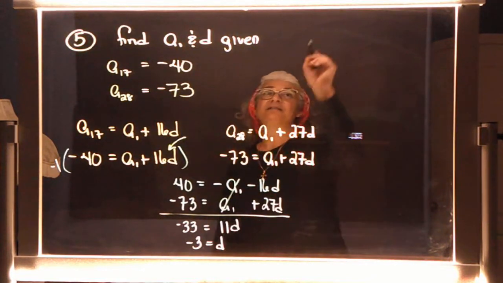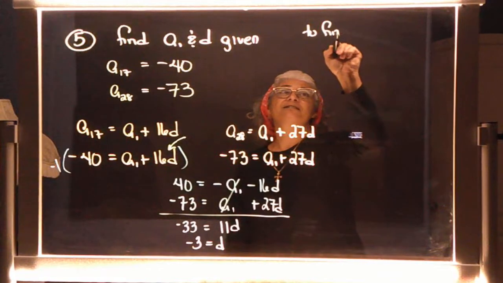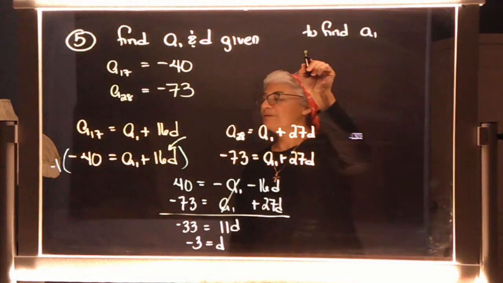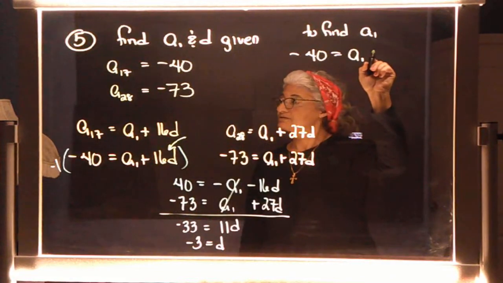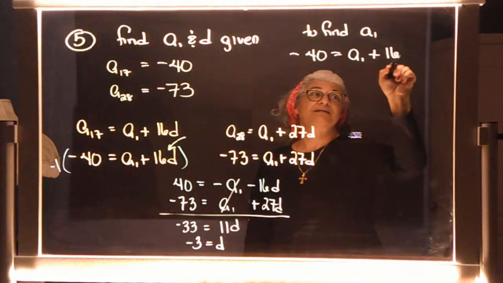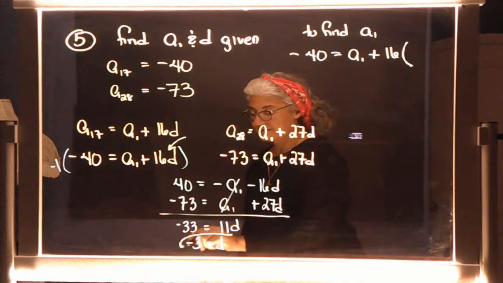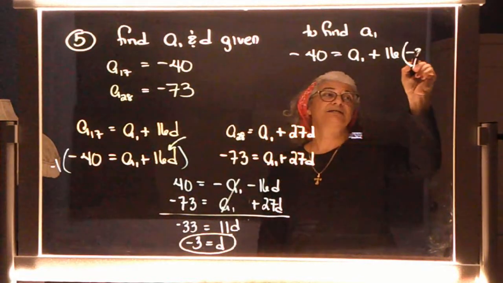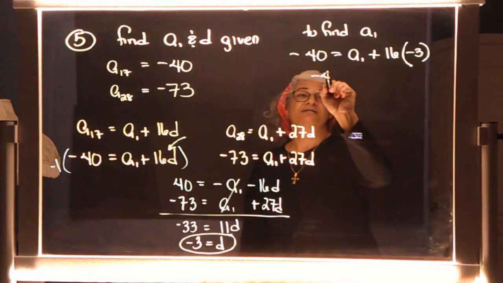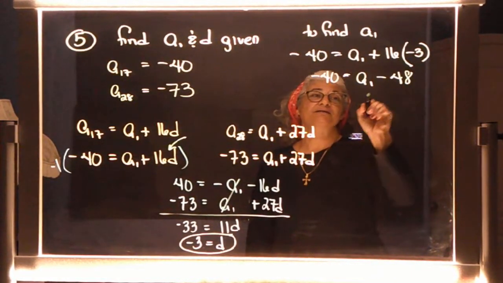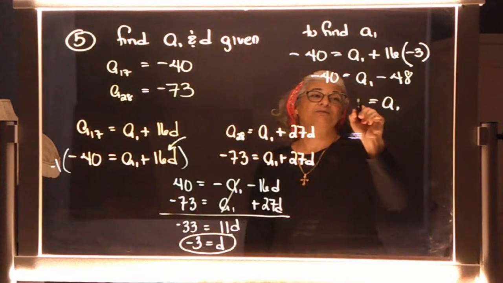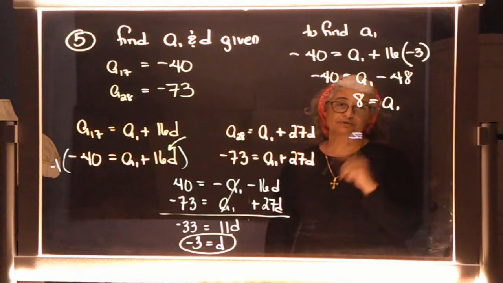So, to find a sub 1, I'm going to take negative 40 equals a sub 1 plus 16 times negative 3. That's what we said the d was. Which means negative 40 equals a sub 1 minus 48. Add that 48 to both sides, I get a sub 1 is equal to 8.